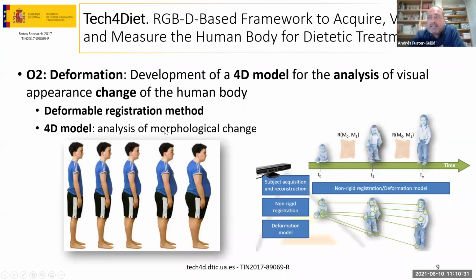The third task is related to providing different methods to face the problem of deformable registration. And the fourth and last task related to objective 2 is to provide a 4D model, that is a model with 3D plus time, to analyze the morphological change of the appearance of the people who are carrying out a nutritional dietetic treatment.